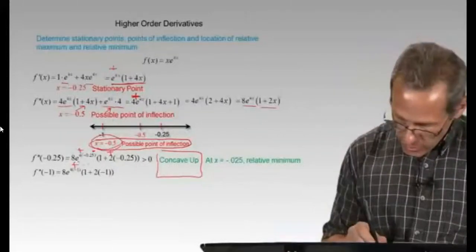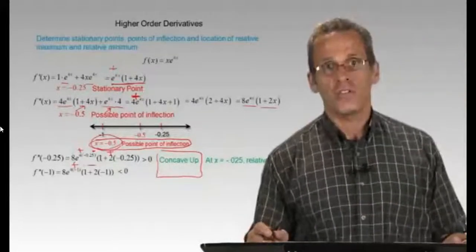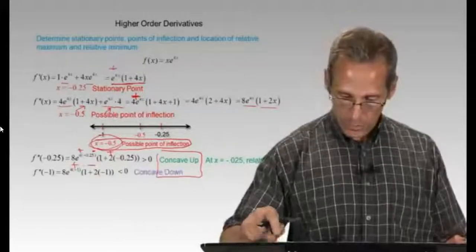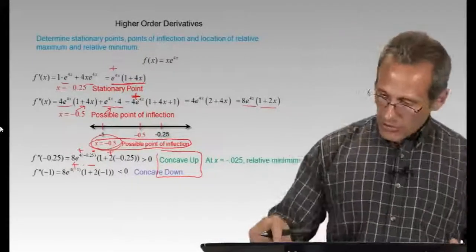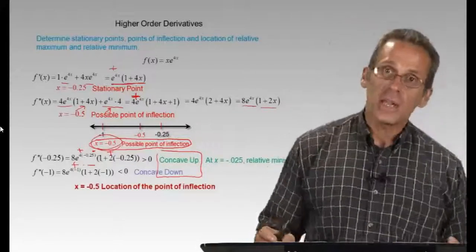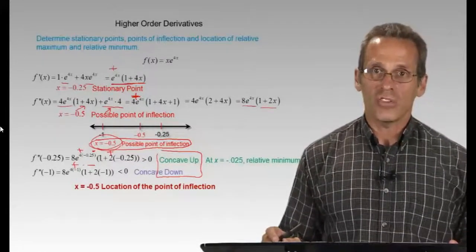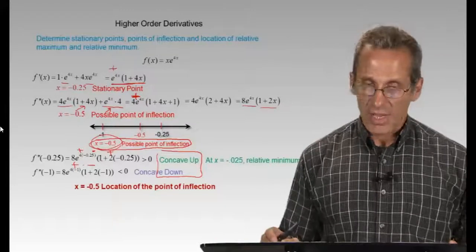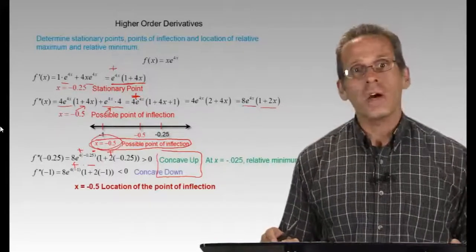And 1 minus 2 is negative. So my second derivative evaluated at negative 1 is less than 0. Concave down. Now I can say with abject certainty that at x is negative a half, I do have a point of inflection because I have a change of concavity. As I move from left to right, I go from concave down to concave up.